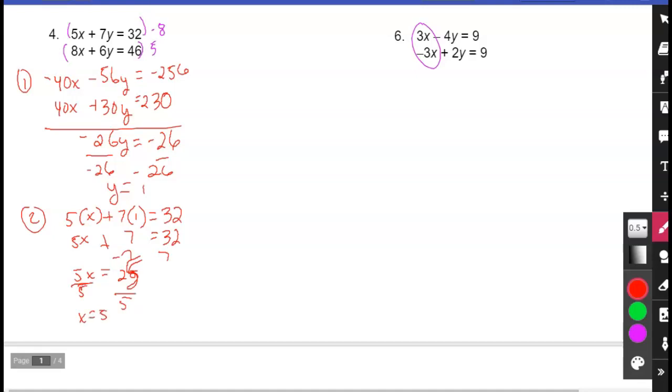X equals 5. So 3, I have an answer of 5, 1. 4, check it with the other one. So I have 8 times 5, which will be 40, plus 6 times 1, which is 6, equals 46. Good to go.